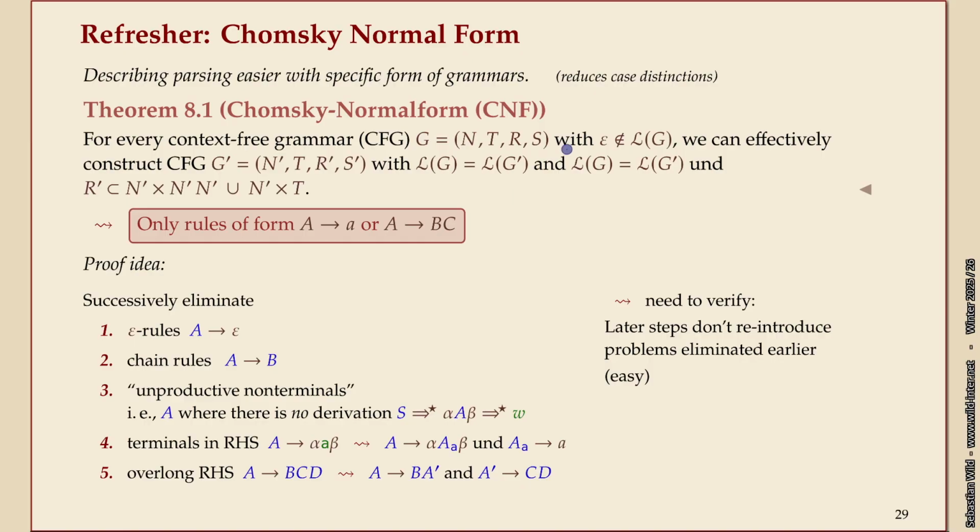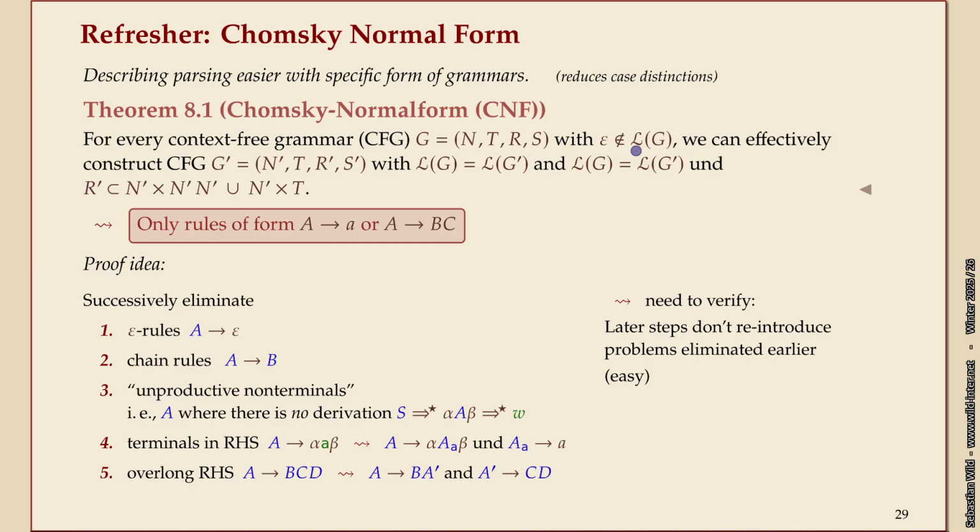Formally, the theorem that you probably have seen at some point, if you had such a module, is given an arbitrary context-free grammar, except that in this version, I'm not allowing the grammar to produce the empty string. Just because if this is what you want to have, there's no way to produce the empty string. You have no way to express that. That's kind of easy to fix.